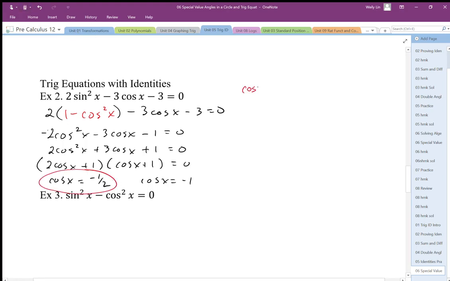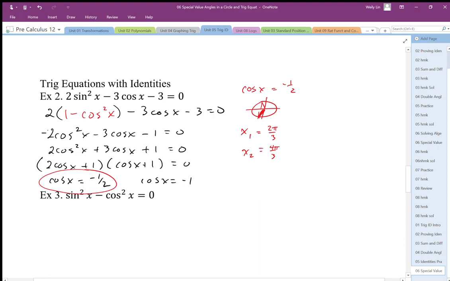So cos x equals negative 1/2. It looks like this. It's going to be in those two quadrants. Okay, so theta 1 is equal to 2 pi over 3. Theta 2 is equal to 4 pi over 3. That's going to be this angle down here in quadrant 3.